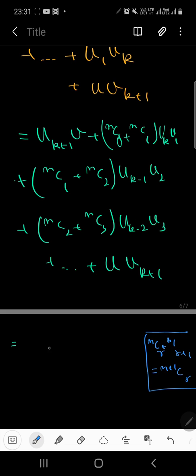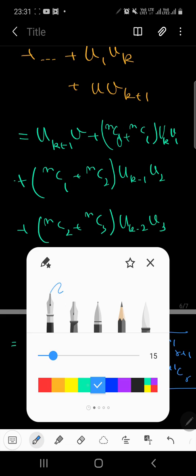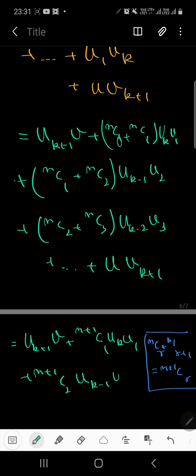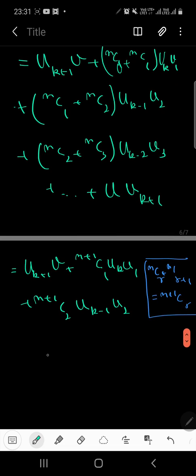We will apply it in each case to get u_{k+1} v plus (n+1)C1 u_k v_1 plus (n+1)C2 u_{k-1} v_2 up till u v_{k+1}.